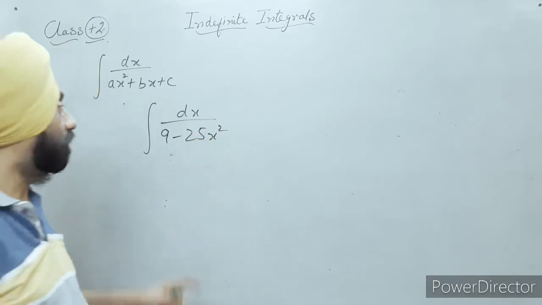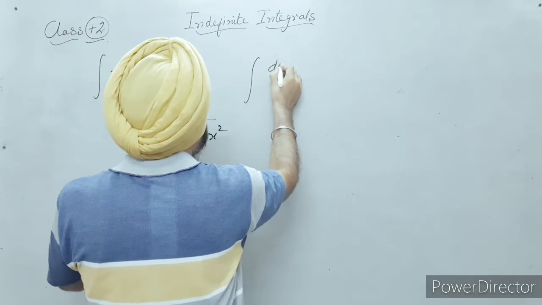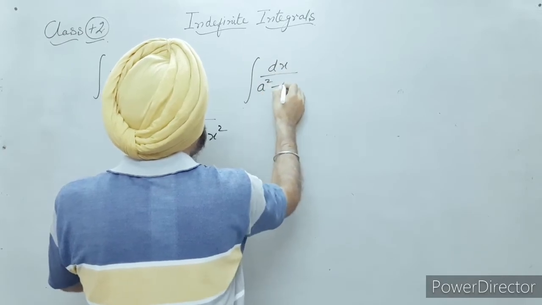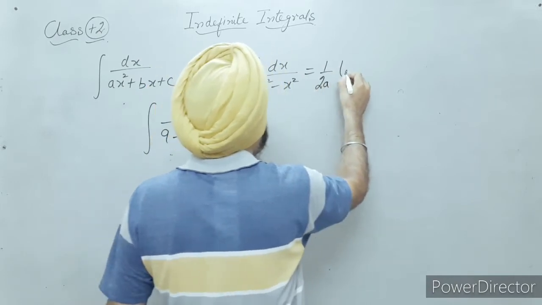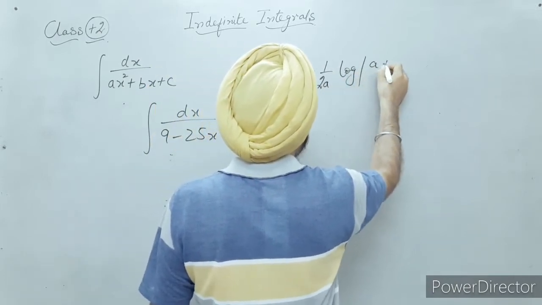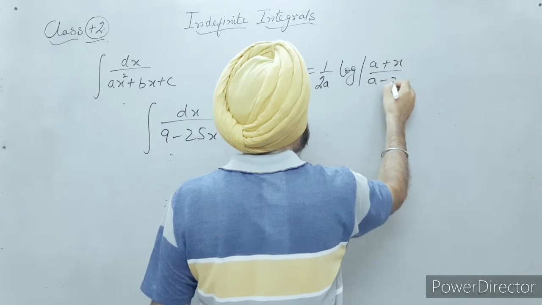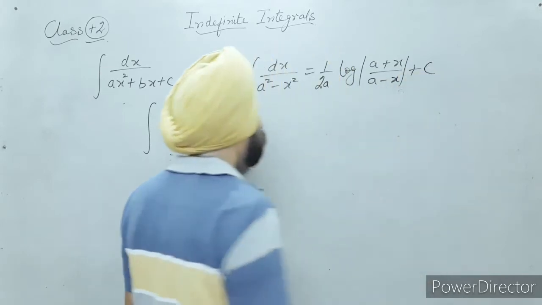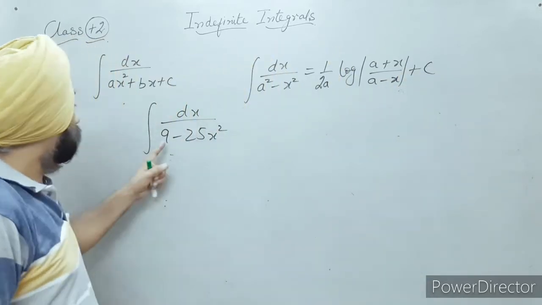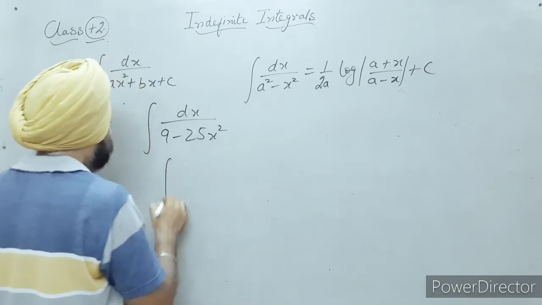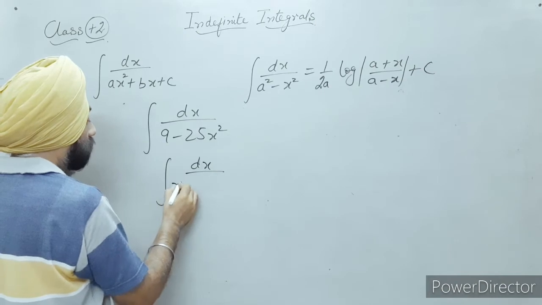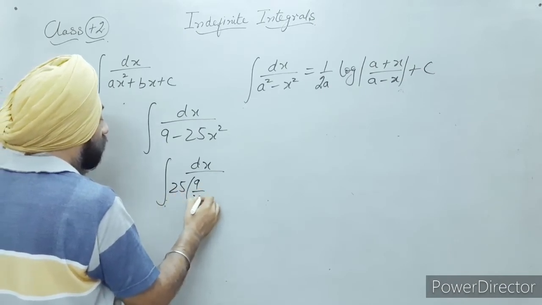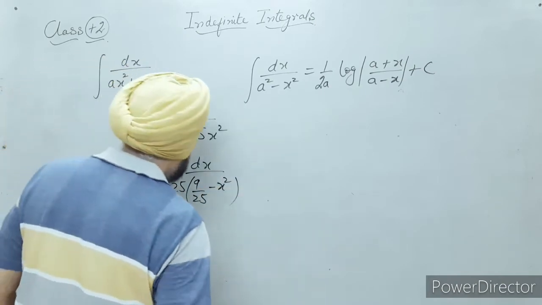Now here also I will use the formula dx upon a square minus x square, that is 1 over 2a log of a plus x upon a minus x plus c. This formula will be used. Now what I have to do, the very first step, is I take 25 common from here. So I get 9 by 25 minus x square.